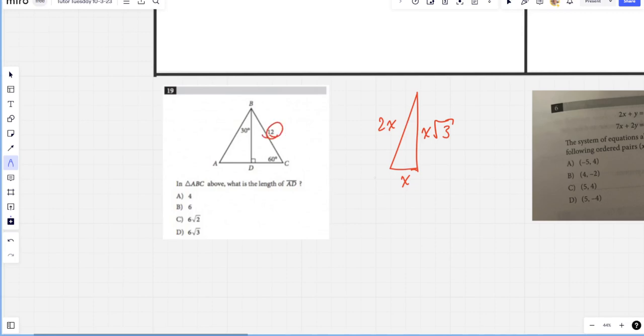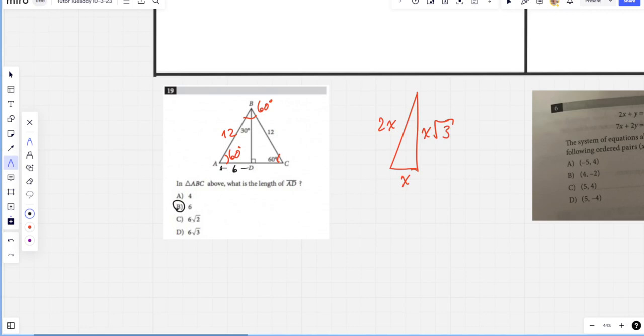So if this side is 12, by the way, this will form an equilateral triangle. It's 60, 60, and 60. This side is 12. This side is also 12. And then applying this little diagram that I have right here, we see that the shorter side is always half of the hypotenuse. So between A and D, it's going to be a length of 6.